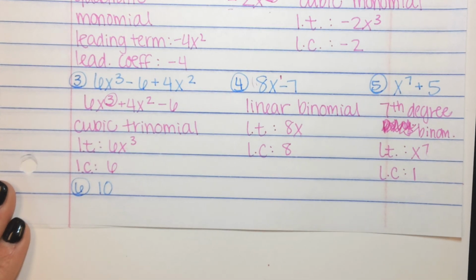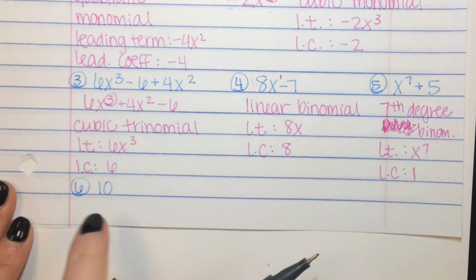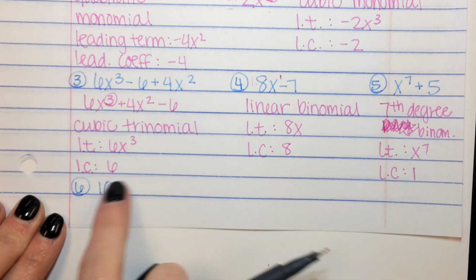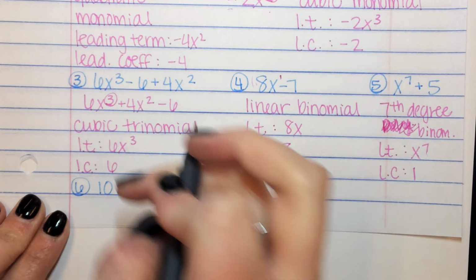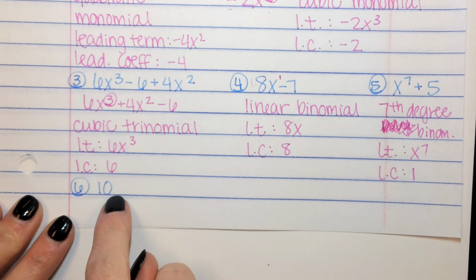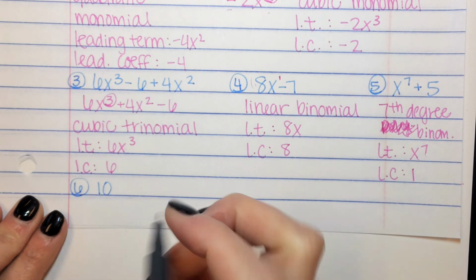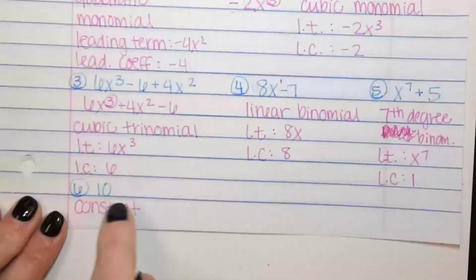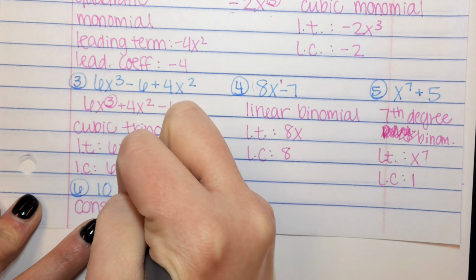Okay, and our last one, number 6, we're going to squeeze it down here at the bottom. You're just given a 10. So there's nothing to combine. There's only one term, so it's already in order. So there's no x, so that means our degree is 0. So this is a constant. Okay, there's only one term, so it's a monomial.